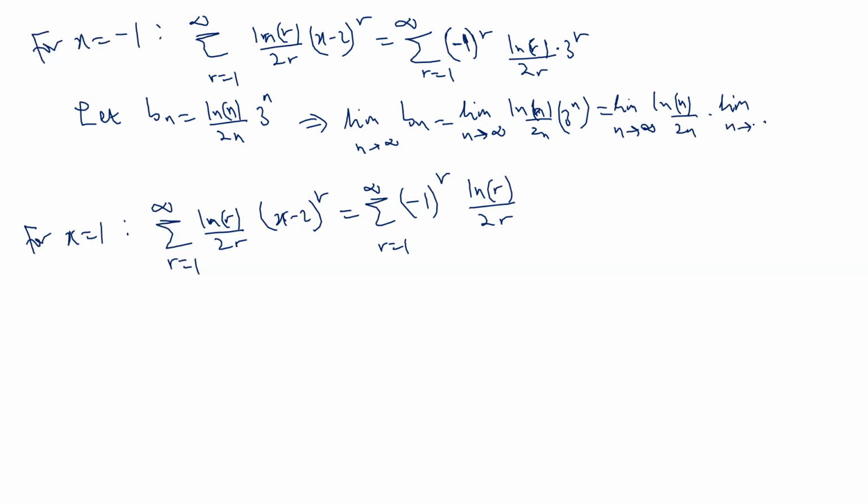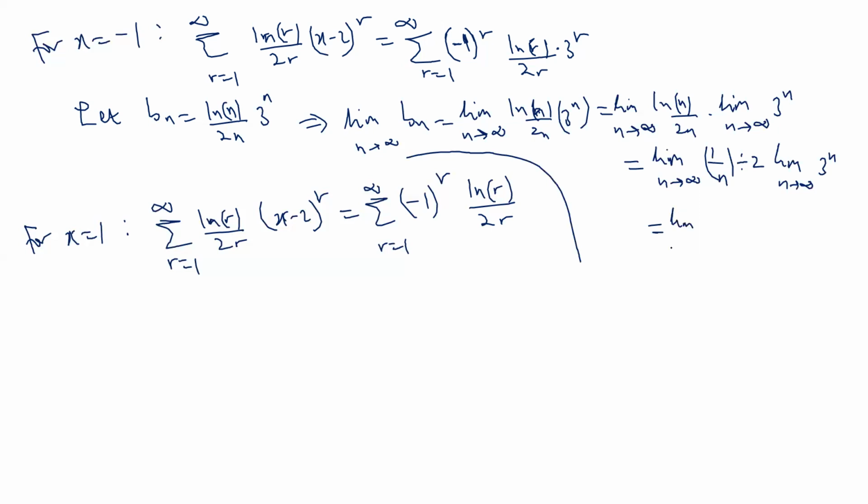The limit is as n approaches infinity of 3 to the power n, and this is the limit here, which is 1 over n divided by 2. And therefore, this is the limit as n approaches infinity of 3 to the power n. What is this here?